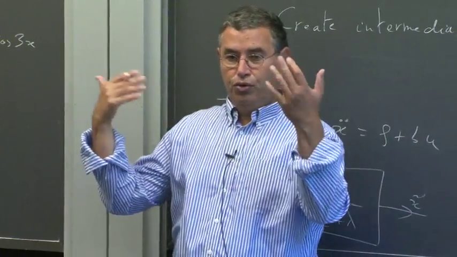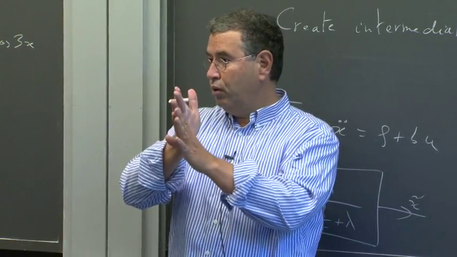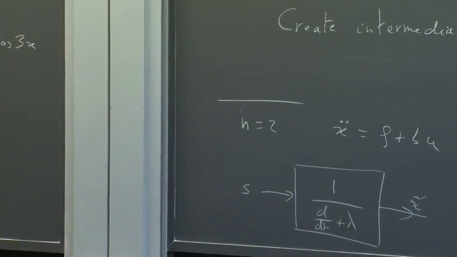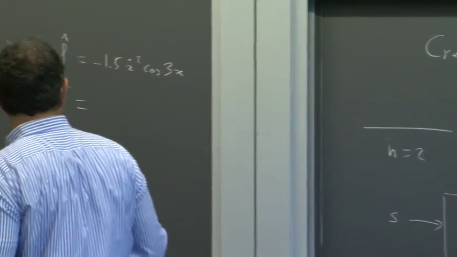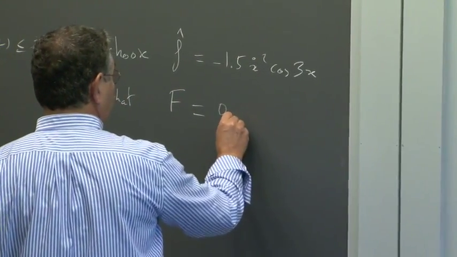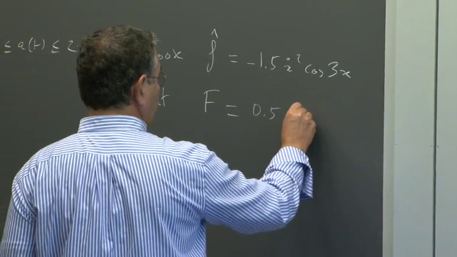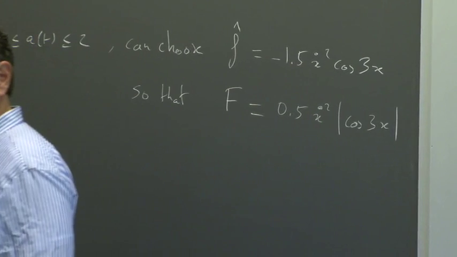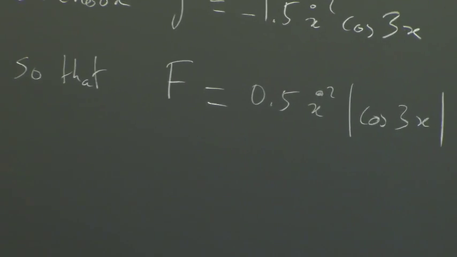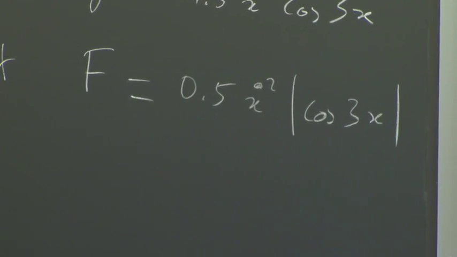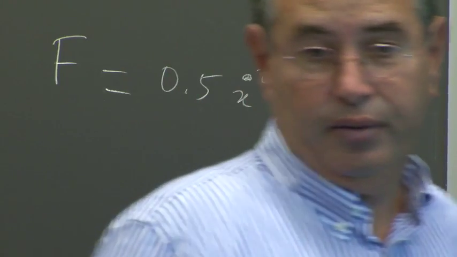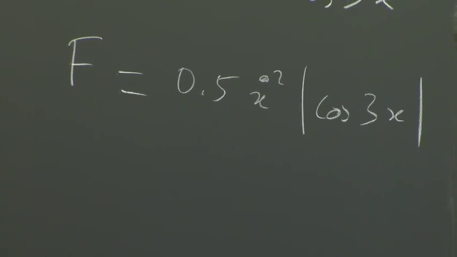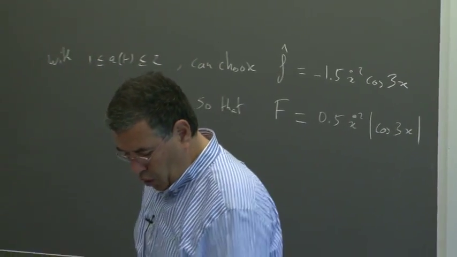Well, a was between two values, and you put it in the middle, so what's left is what's on either side: 0.5 x dot square absolute value of cosine 3x. You've put it in the middle, so what's left is 0.5 on each side.